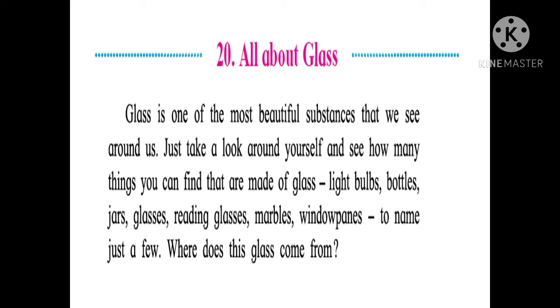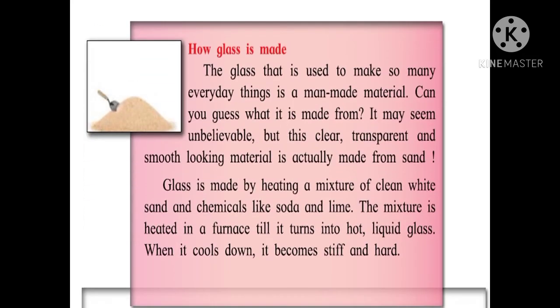So here is a question asked to you: what do you think, where does this glass come from? So let's learn our first topic, that is how glass is made. The glass is used to make so many different things and is a man-made material.